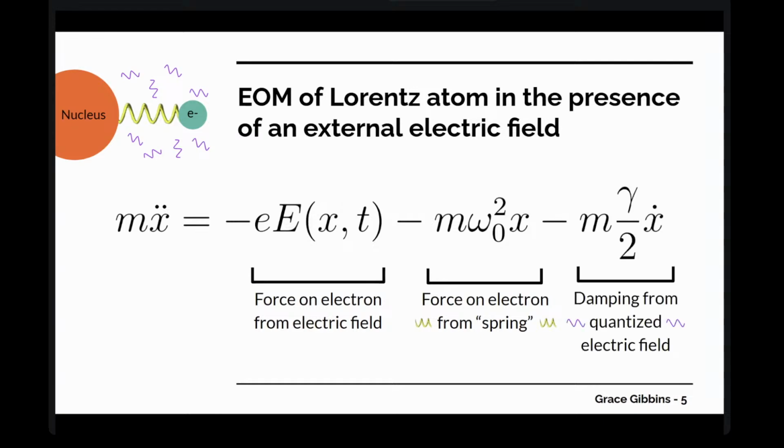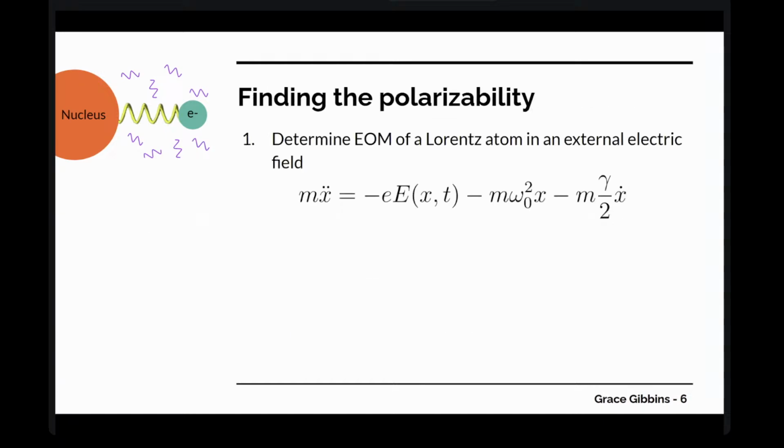Then there's also an effect from the quantized electric field. If you start with a system with quantized electric fields, because even in vacuum you have particles coming in and out of existence, which creates electric fields, and you take a Hamiltonian of that and derive your equations of motion, you'll get this damping term. So it damps the oscillator itself.